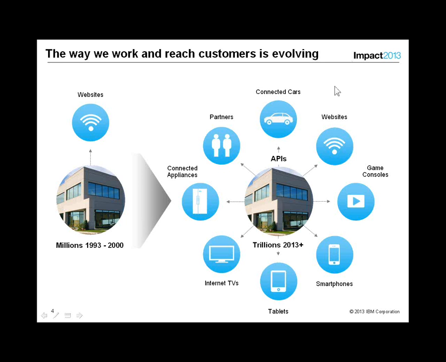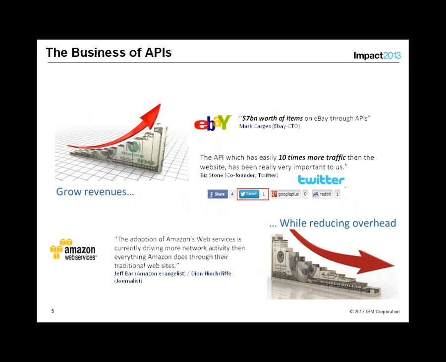In terms of the business, when we look at this as a business, what kind of business can APIs, or web APIs, bring about? The best way to explain this is by giving you the examples of eBay and Amazon.